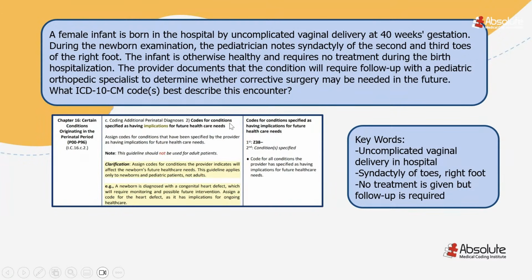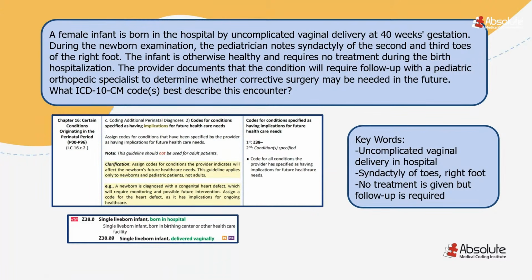So our first coding suggestion is going to be from category Z38. So if we go into our ICD-10-CM manual, we will go into that category, and we will find that our first appropriate code is going to be Z38.00, which is going to be single liveborn infant delivered vaginally.